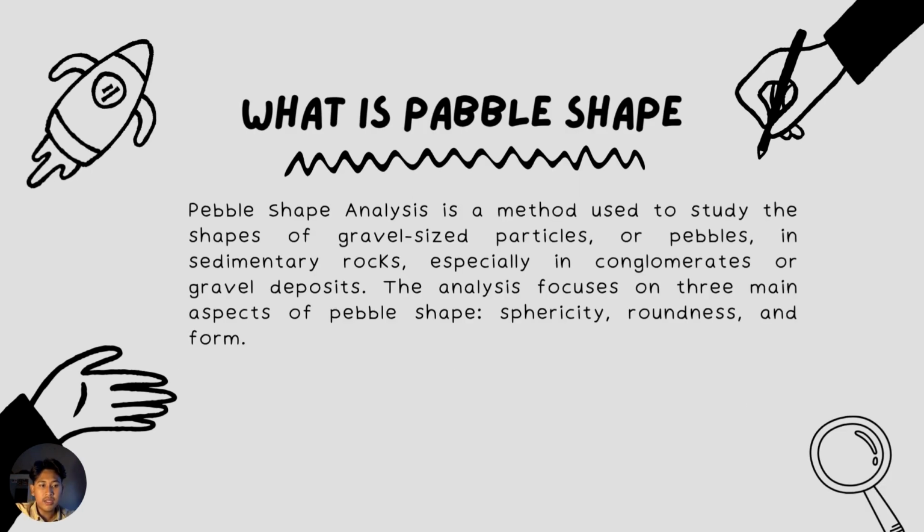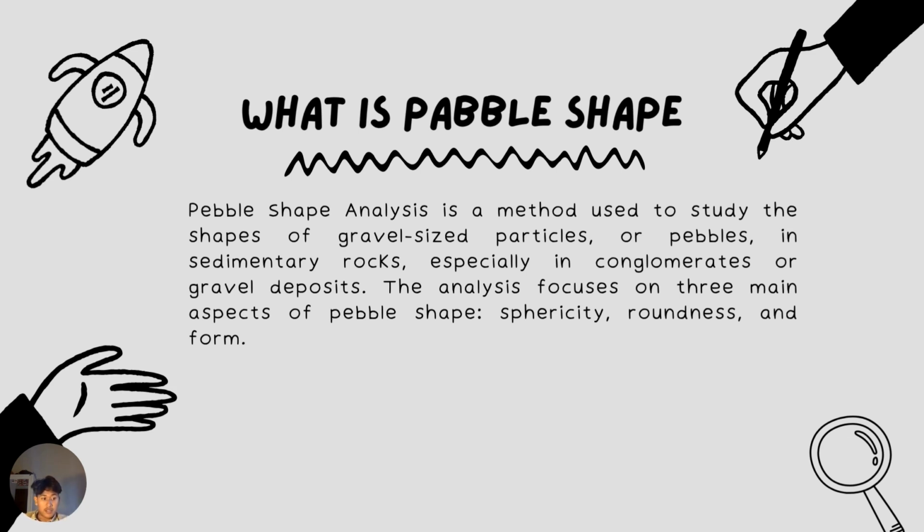The first one is the definition of pebble shape analysis. Pebble shape analysis is a method used to study the shape of gravel-sized particles or pebbles in sedimentary rock, especially in conglomerate or gravel deposits. The analysis focuses on three main aspects of pebble shape. The first one is sphericity, the second one is roundness, and the last one is form.